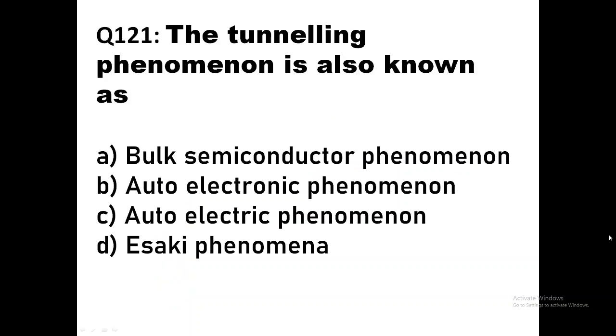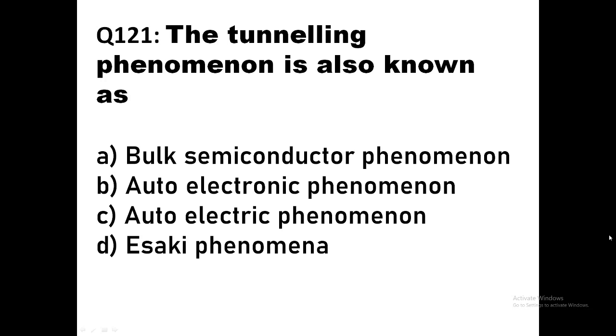The tunneling phenomena is also known as. Okay. Now what happens in a tunneling phenomena is the PN junction diode, which we call a tunnel diode, is very heavily doped. It is 100 to 1000 times more heavily doped than a normal diode. That is why its junction is very thin, its depletion layer is very thin, and because it is very thin, the charge carriers just punch through the depletion layer.